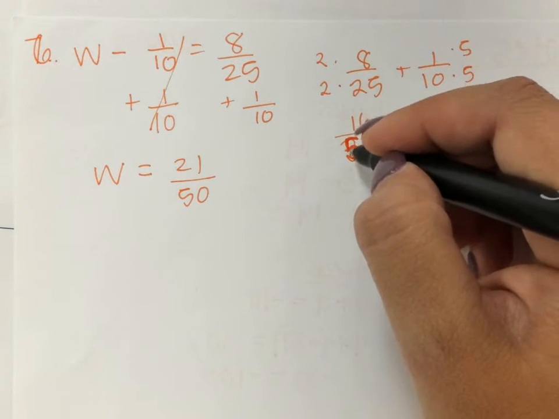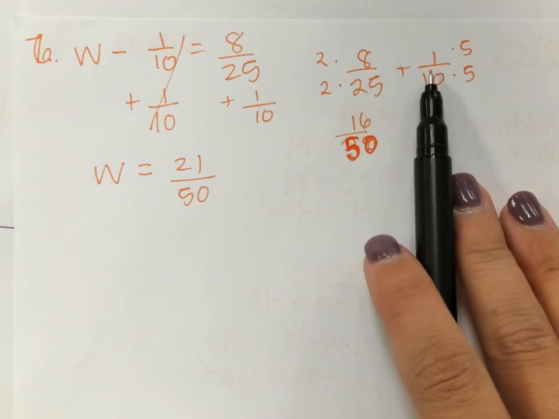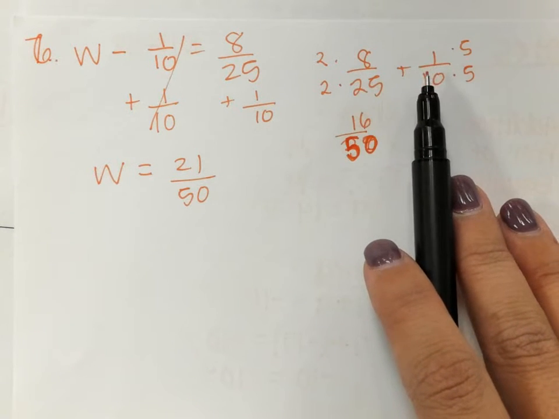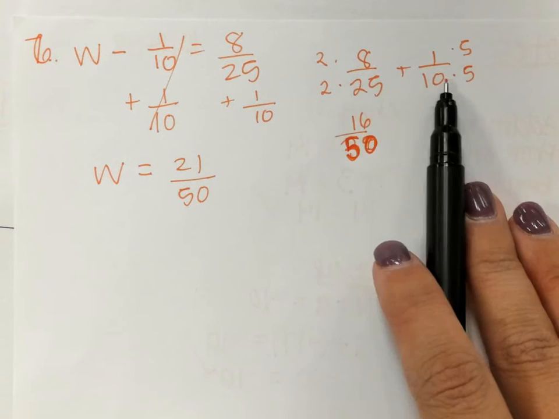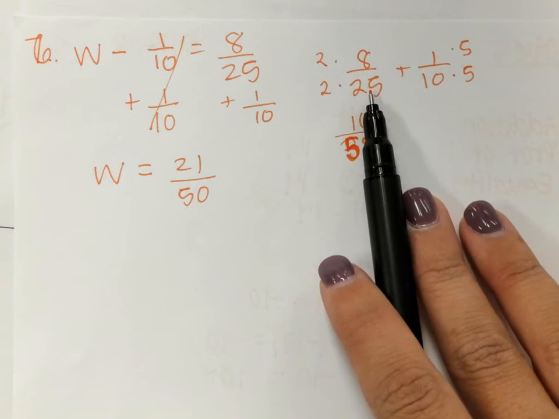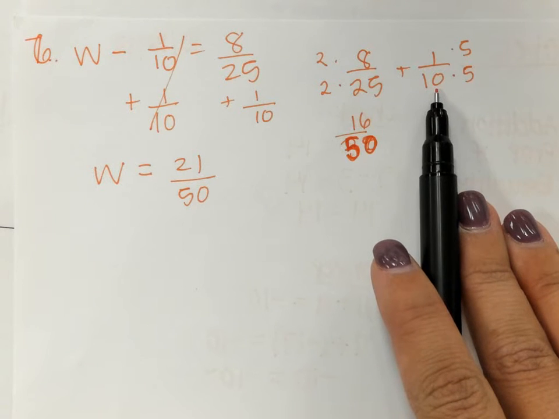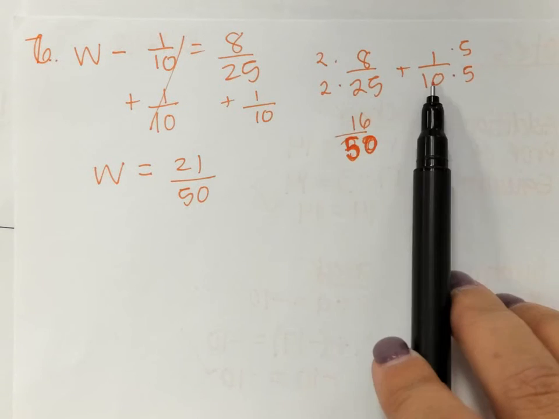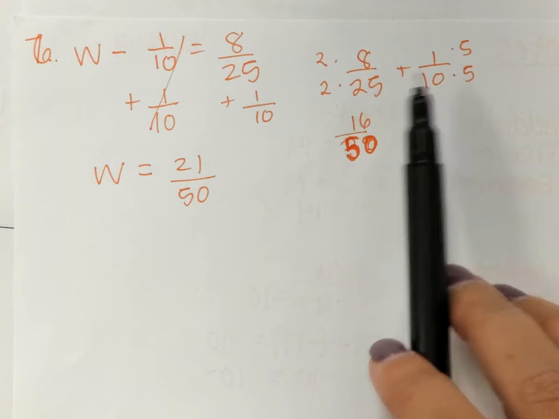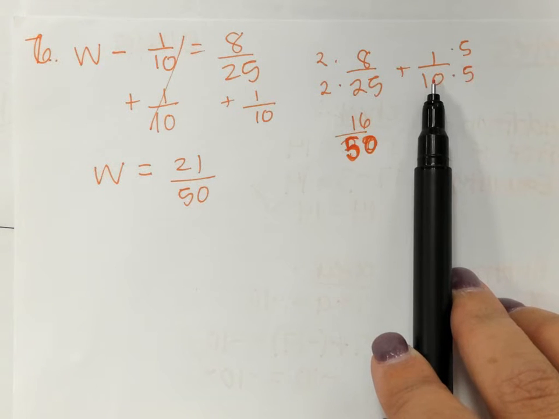Because what? Because I can't add fractions if I don't have a common denominator, right? Right. So I have to find that common denominator. I can't add these if I have 25 on one and 10 on one. I have to find a common denominator, so I figure out what that is. So looking at 25 and 50, the smallest common factor is going to be 50.